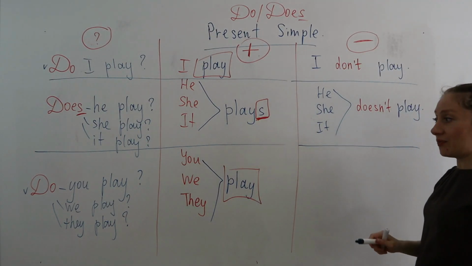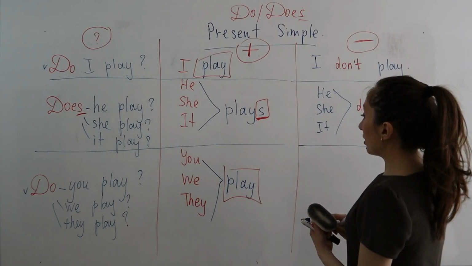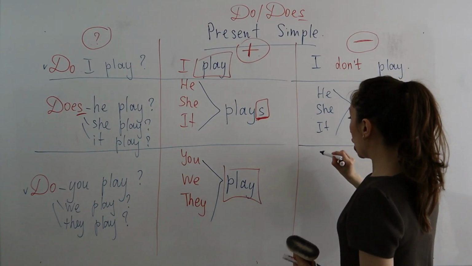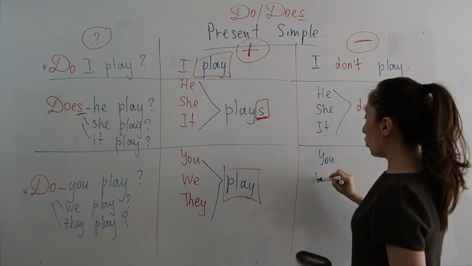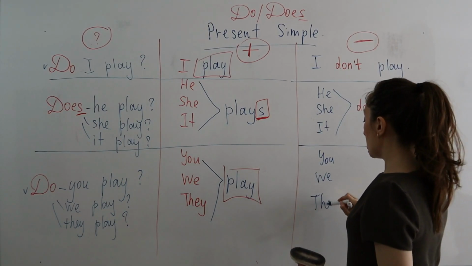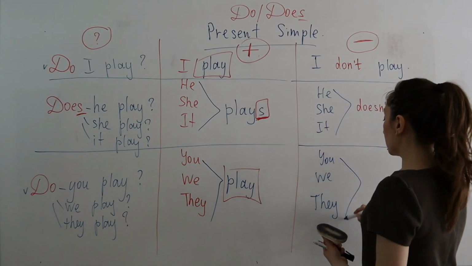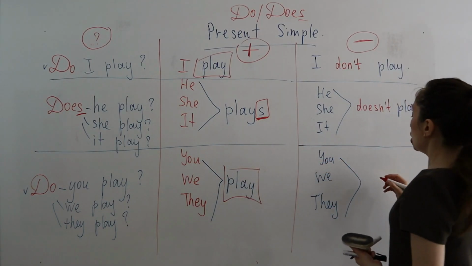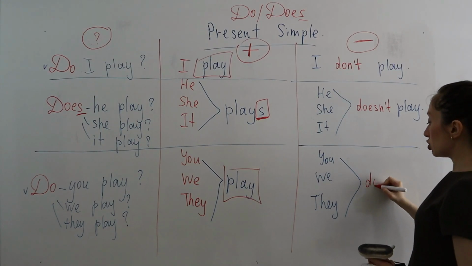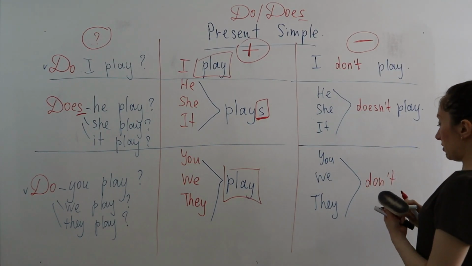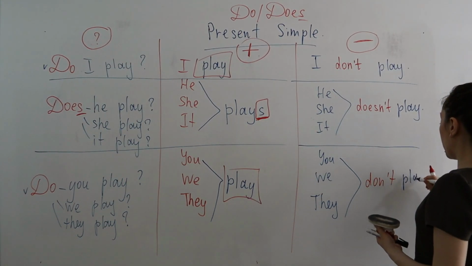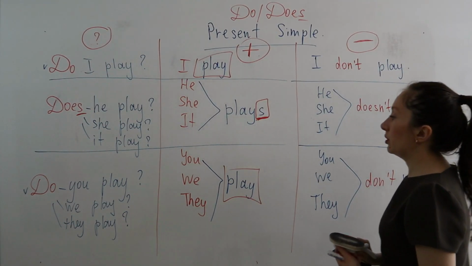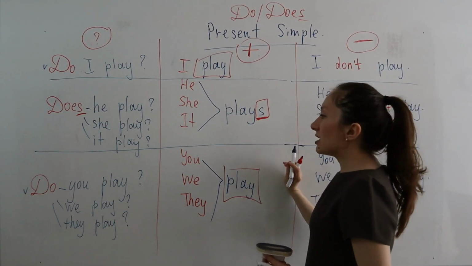It doesn't play. And the rest of the pronouns, like you, we, they, use the same helping verb do, do not, or don't. Don't play football. You see, it's very easy.